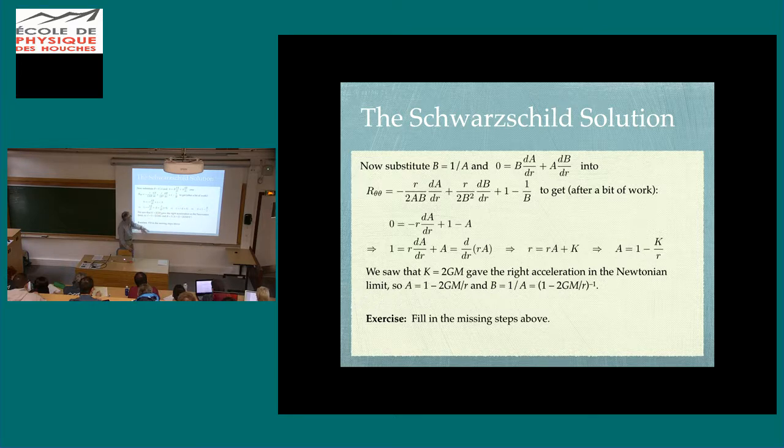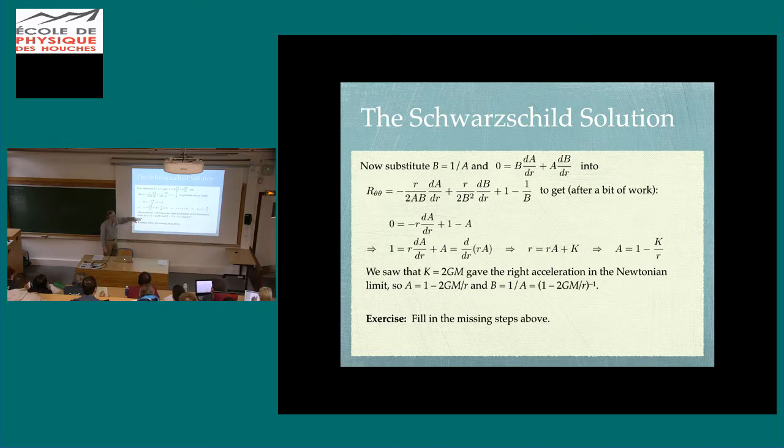And so what did I do in going to here then? So going from this expression to this expression, yeah, I just integrated. I've got a constant of integration that comes there. And so I can solve this for A. A is equal to that.